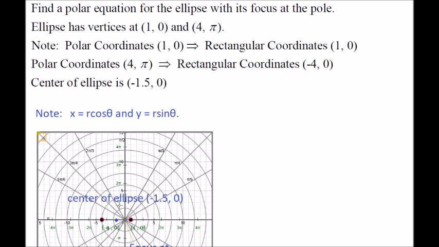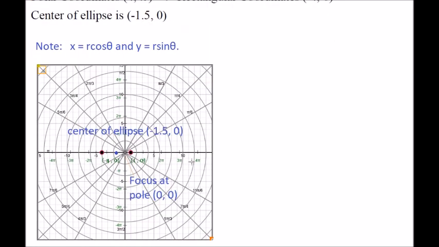Therefore the center of the ellipse has got to be in the middle of the two vertices, so it will be at the point (-1.5, 0). So for this particular problem, the center is at the point (-1.5, 0).